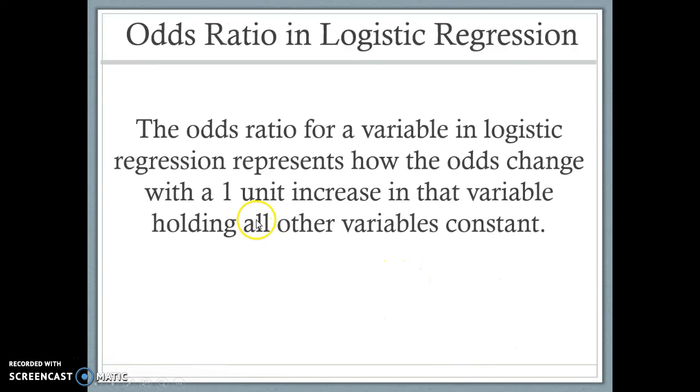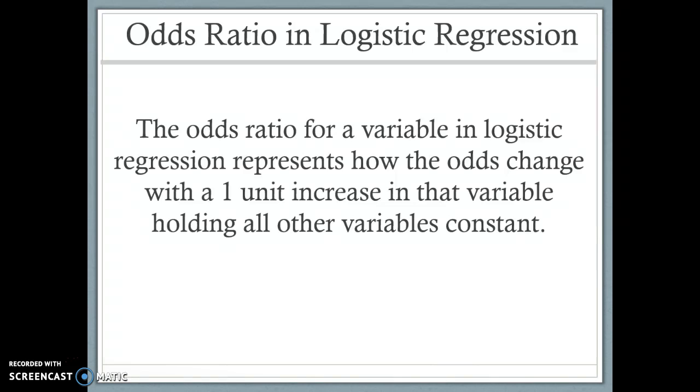So with logistic regression, it's similar types of information, and it's that the odds ratio for a variable in logistic regression represents how the odds change with a 1 unit increase in that variable, holding all other variables constant.